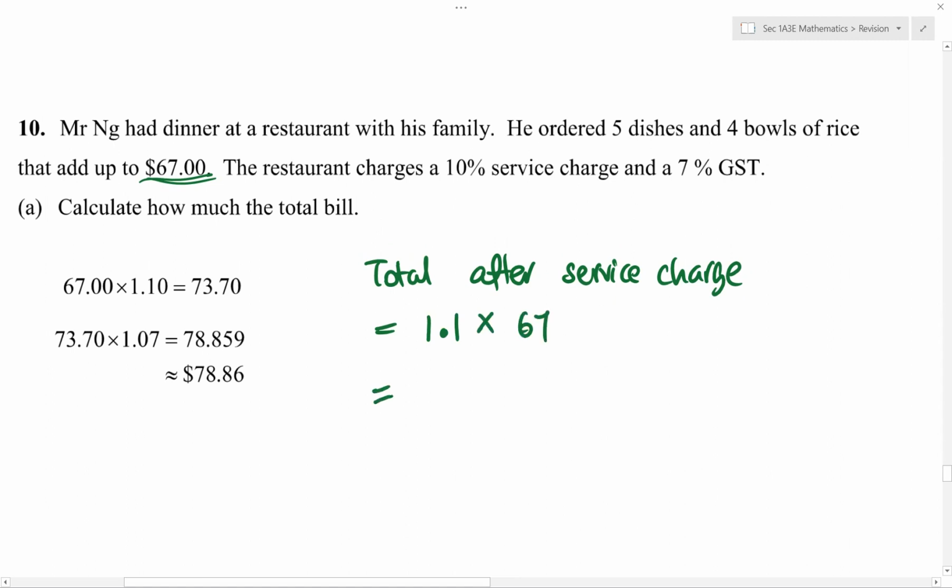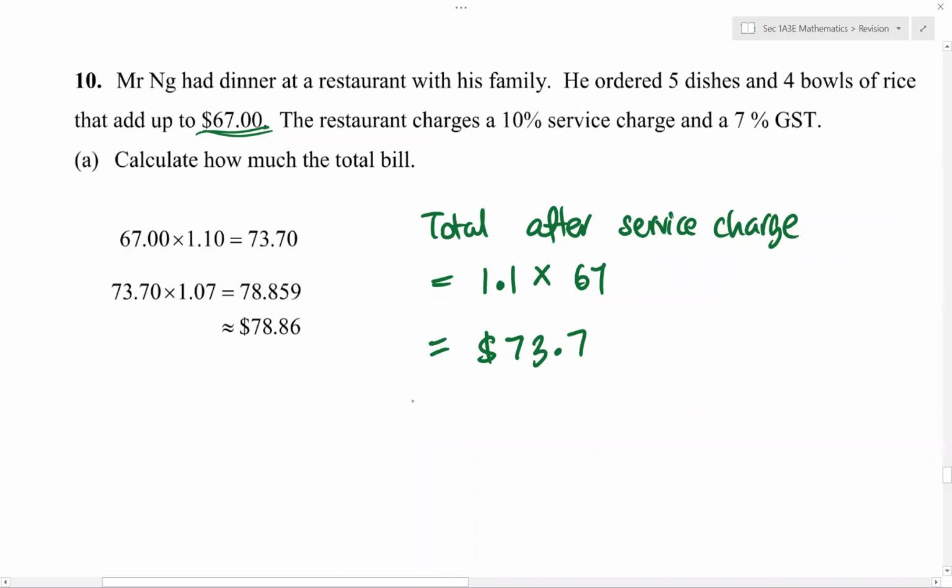There should be questions for some of you wondering, where did the 1.1 come from? Do you know the answer? 110 divided by 100. Why 110? 10% what? Original 100% plus 10%, you get 110. So 1.1 times 67. That gives us 73.7. Don't copy this yet.